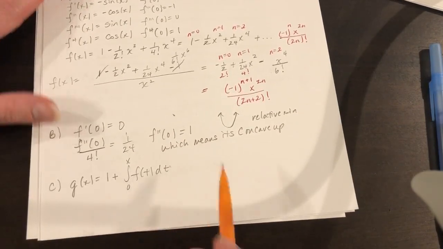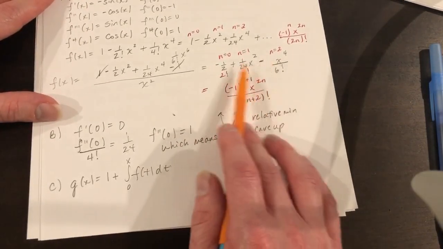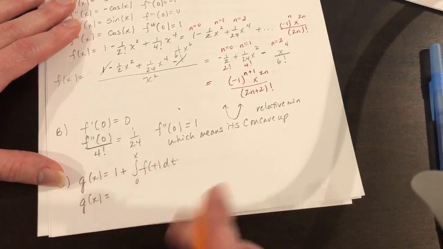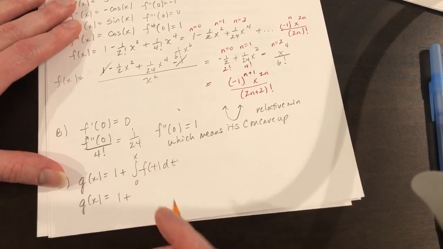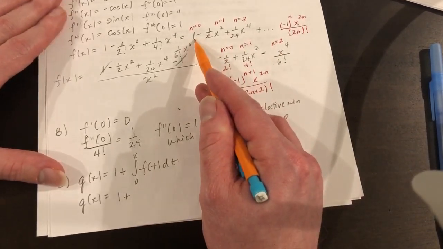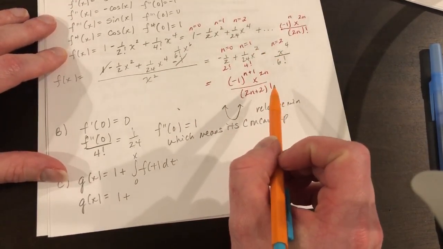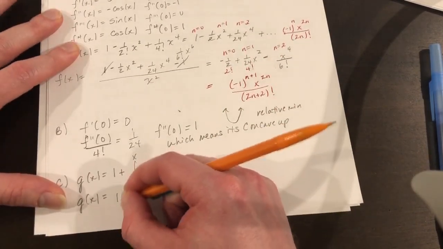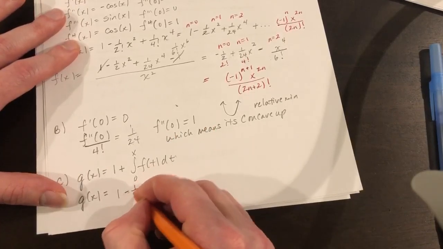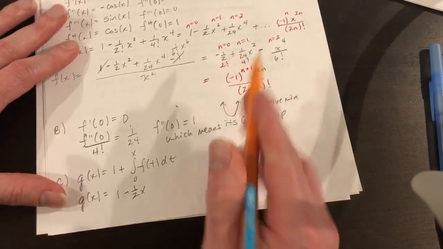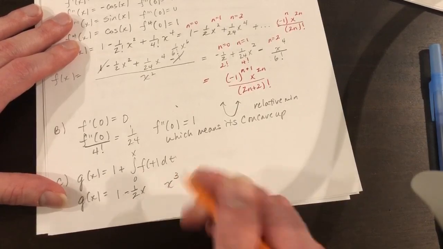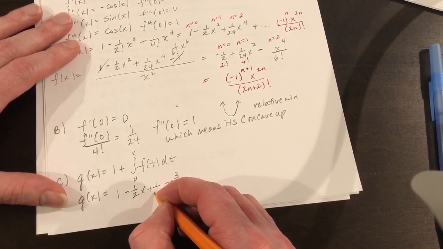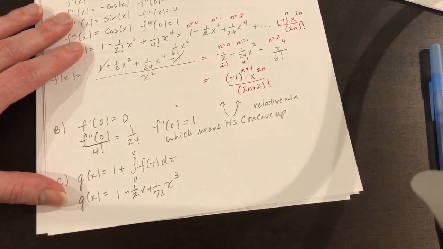So I'm going to integrate these terms over here. It's going to be 1 plus, the integral of negative 1 half is negative 1 half x. The integral of this is going to be x cubed, so 1 over 72. I believe that's right.